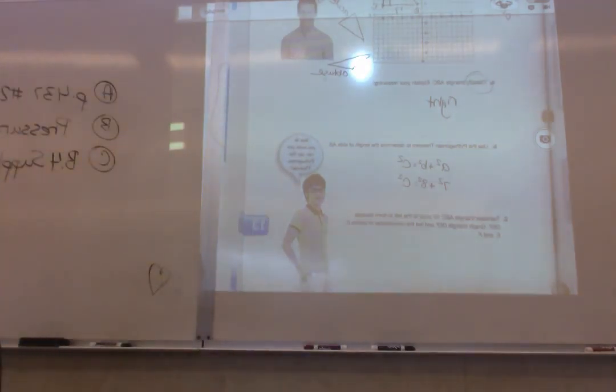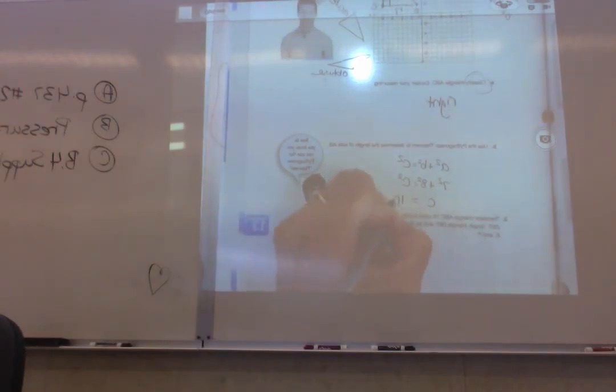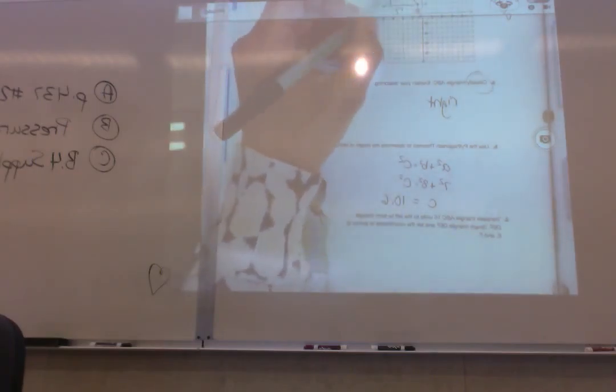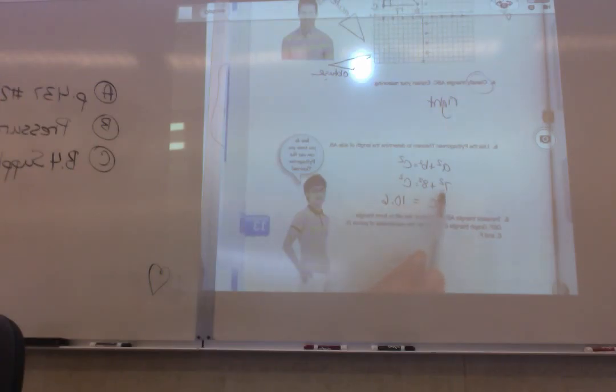Okay. Who has an answer for us? What's C? 10.63 or 10.6. Do you agree with him? Yeah. That sounds about right. The hypotenuse is always larger than either of the two legs. It's the longest side in any triangle. And these all look about the same ballpark. So 7, 8, and a little over 10 sounds good.